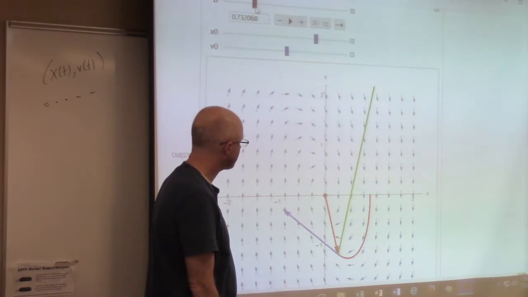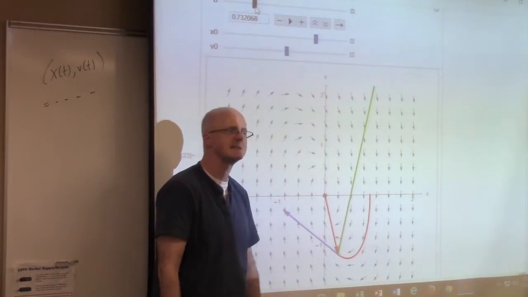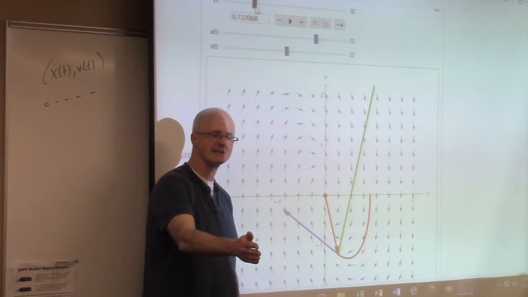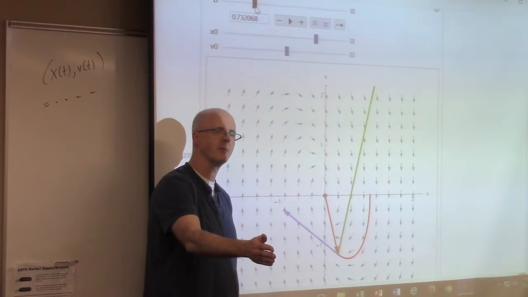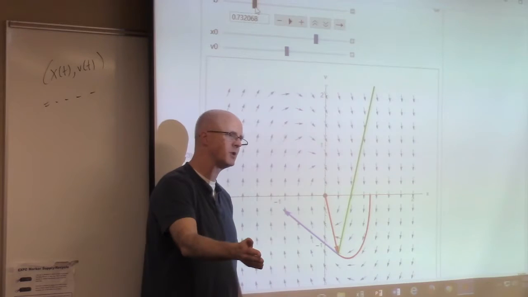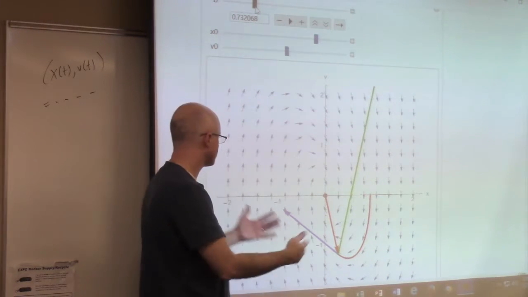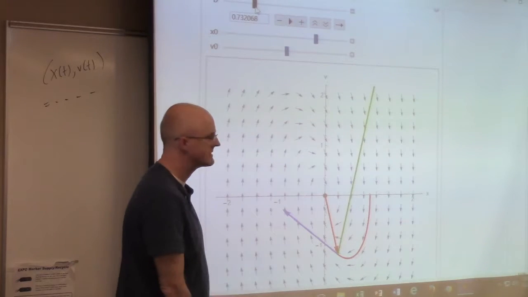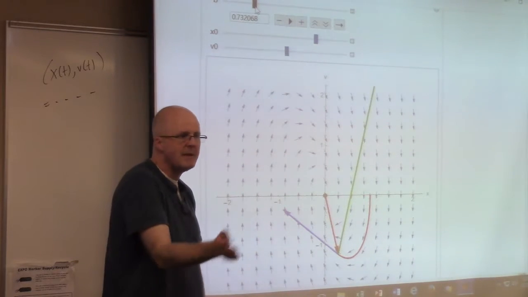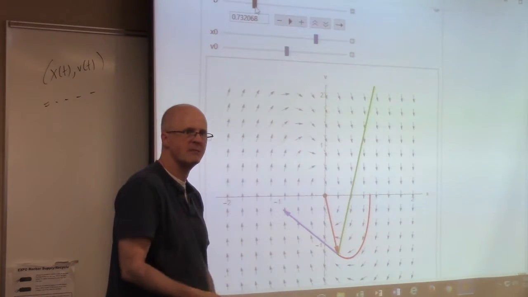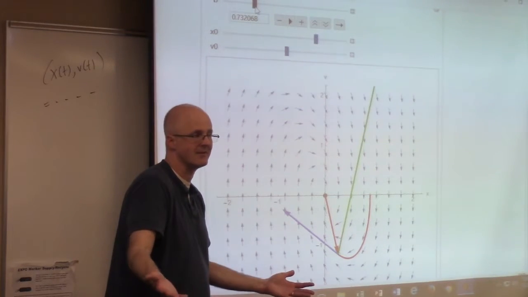I suppose the fact that the blue arrow is getting smaller is indicative of the fact that the mass itself is coming to equilibrium. It's one interpretation to give the blue arrow. But as far as their directions go and their exact lengths go, maybe you could give it some interpretation of the mass in the spring, but if there is an interpretation, I don't know what it is offhand.